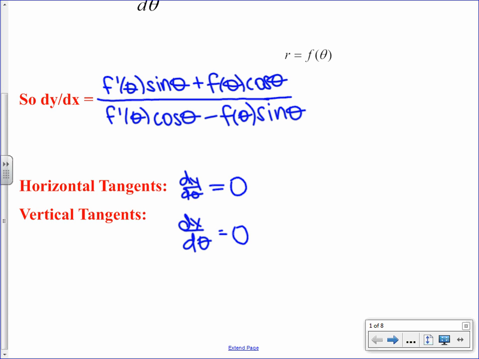And what happens if both of them equal 0? It's not smooth. Okay, yes, you guys are imagining it correctly. So horizontal tangents, as long as dx d theta isn't equal to 0, and as long as dy d theta isn't equal to 0.